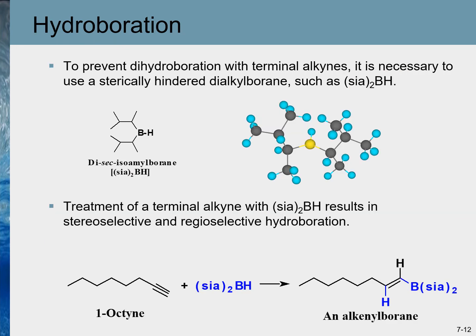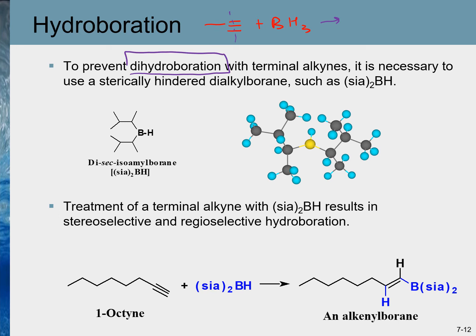We just learned that in the case of internal alkynes, only one of the pi bonds breaks and boron adds only once, and the other pi bond remains intact. However, if instead of an internal alkyne we use a terminal alkyne such as propyne, in that case if we conduct the hydroboration process, both the pi bonds will break and we will get a dihydroboration product.